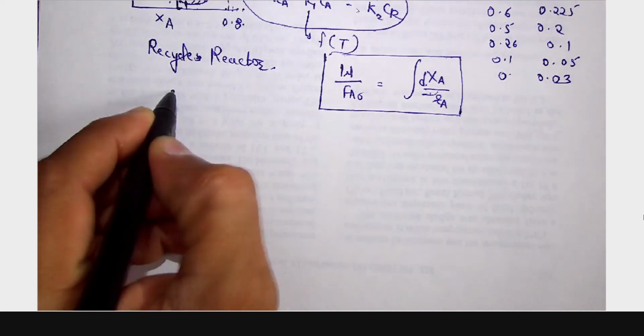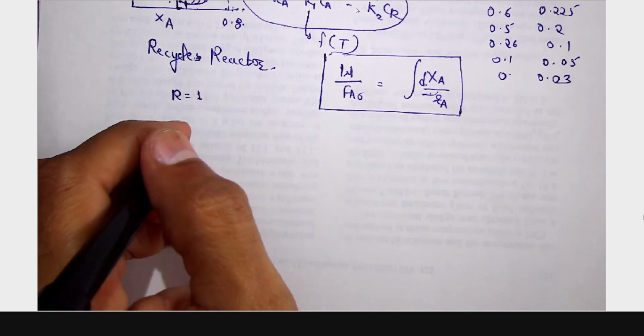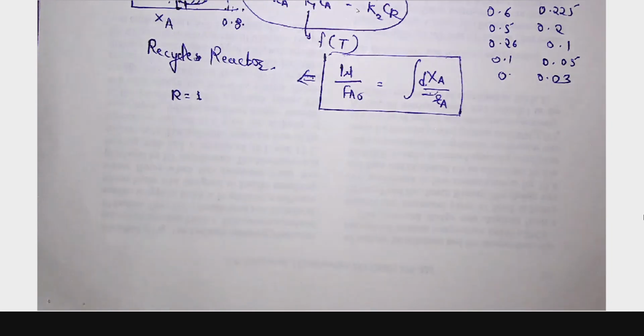The recycle ratio will be R equal to 1. For a recycle reactor, this equation will be modified. To what conditions will it be modified? If you recall your equations, you can see that for a recycle reactor these equations will be modified.